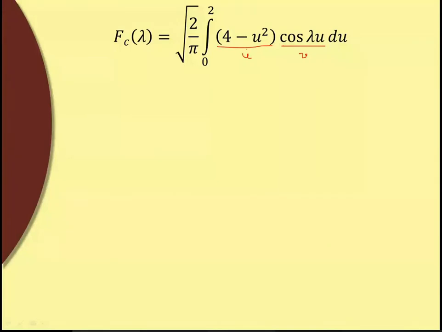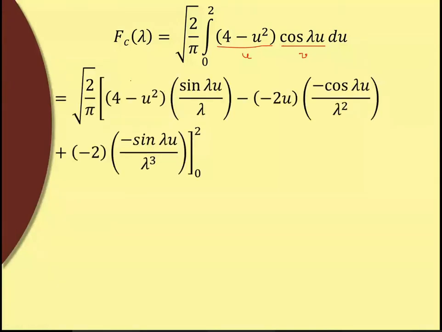By the generalized rule, it will be u v1, that is the first term as it is, 4 - u², times the integration of cos, which is sin(λu) divided by λ, minus the next term: the derivative of this, which is -2u, times the integration of this, which is -cos(λu) divided by λ², since λ into λ becomes λ².